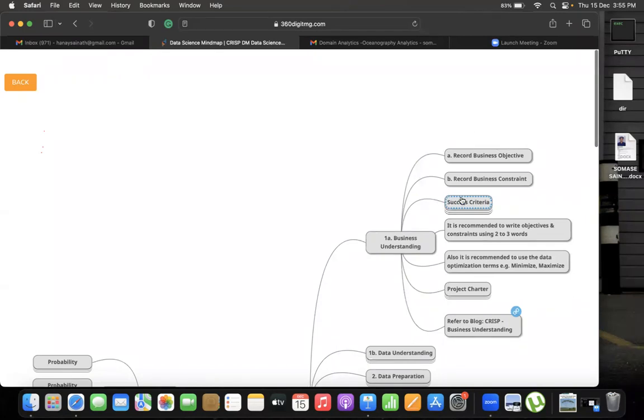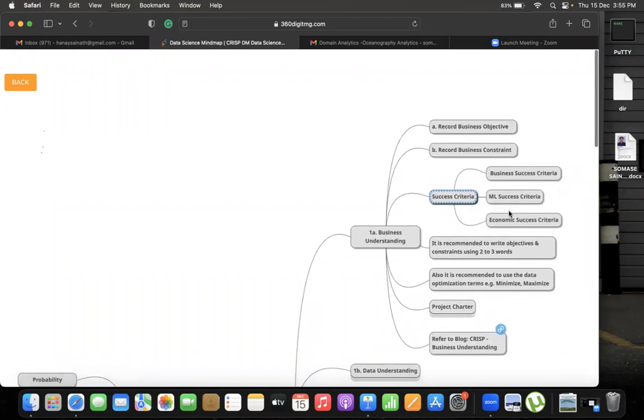Then we have success criteria. So in the success criteria, we have business success criteria, ML success criteria, and economic success criteria.